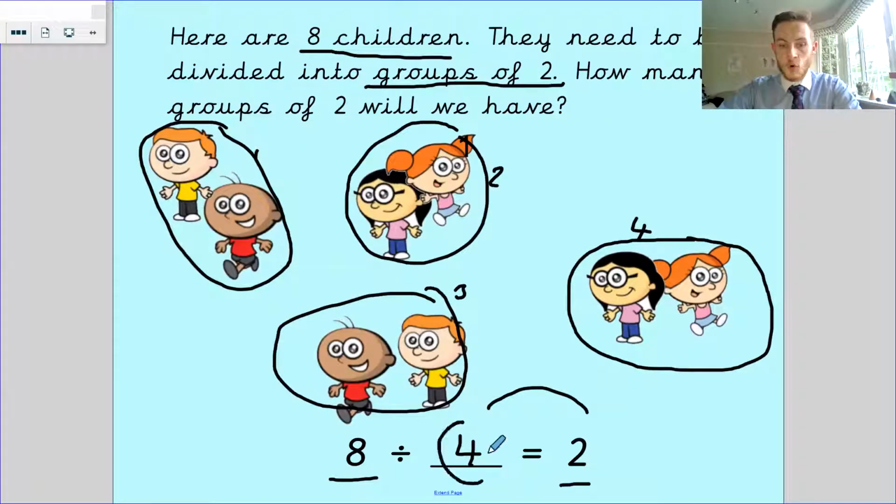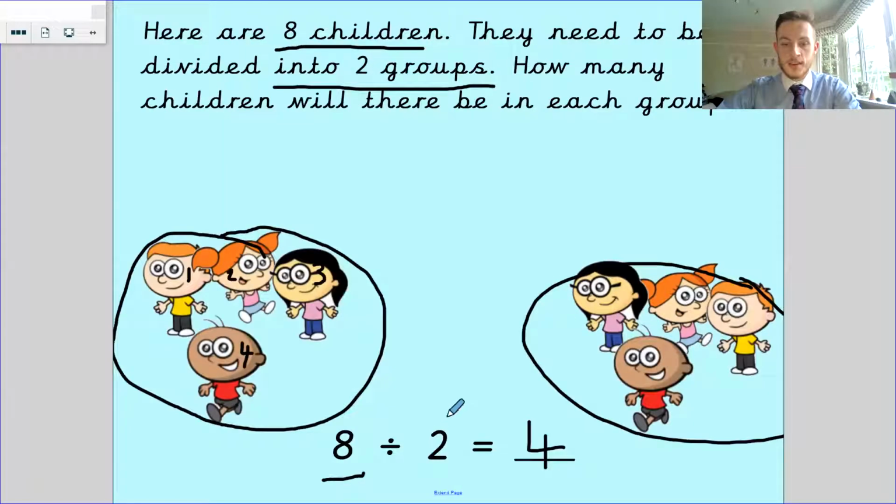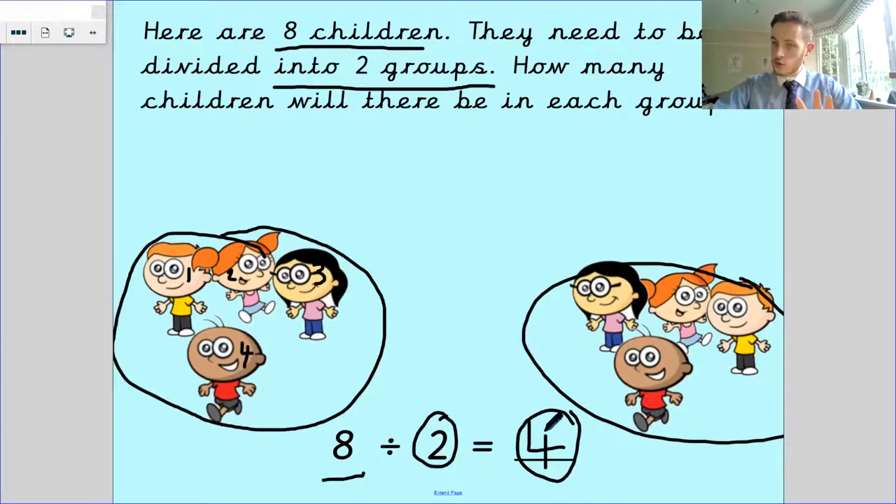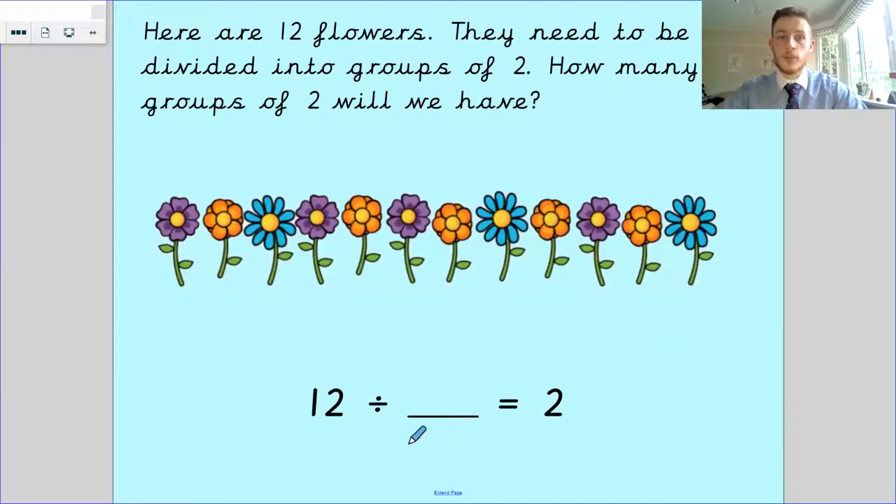I made 4 groups with 2 in each group. And on the next question, I made 2 groups with 4 in each group. So it's not commutative because I'm not swapping the numbers over. I'm changing the numbers from my answer being of how many in each group and how many groups. They can swap, okay? Let's look at some more examples.